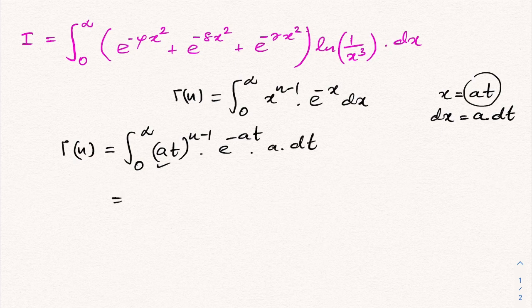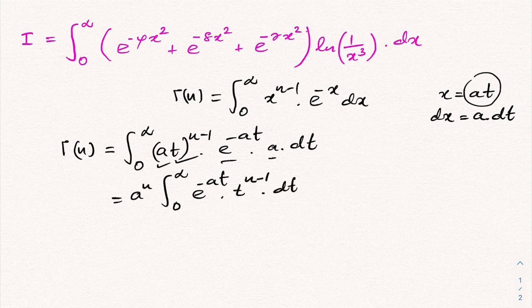Here we have a to the n minus 1, here a, so minus 1 plus 1 get cancelled, a to the n. So a to the n we know is constant, so we can take it outside of the integral sign: a to the n integral from 0 to infinity e to the minus at times t to the n minus 1 times dt.